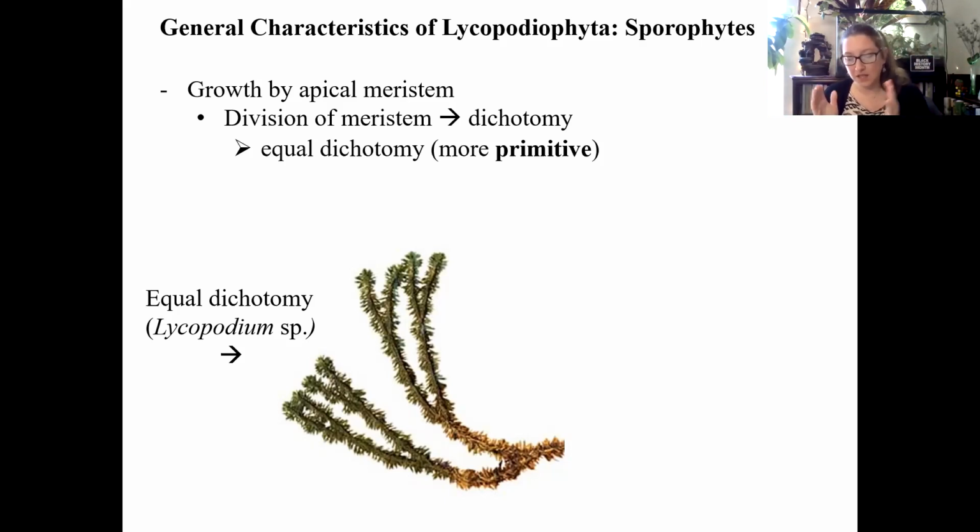That's the more basal level trait. Here we go, grow, split, grow, split, equal, split. So we call that equal dichotomy. That's the more primitive or basal state, like the more early state.